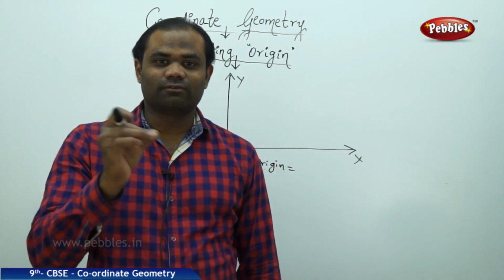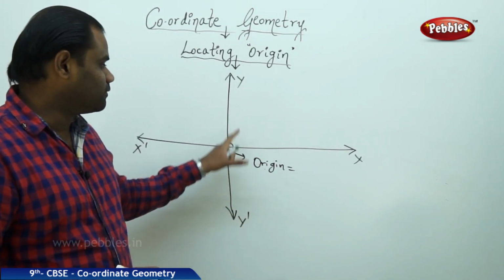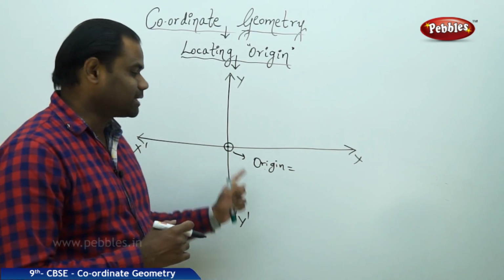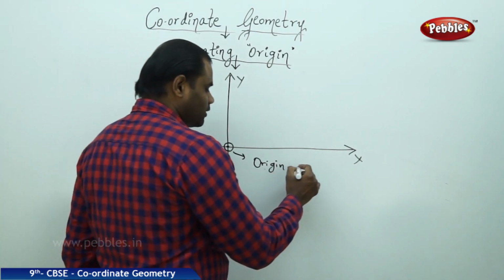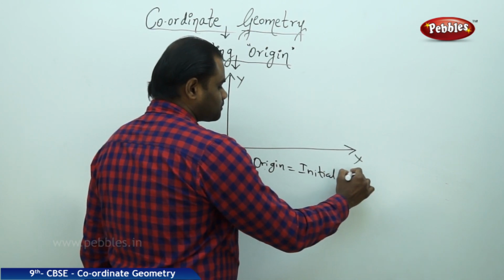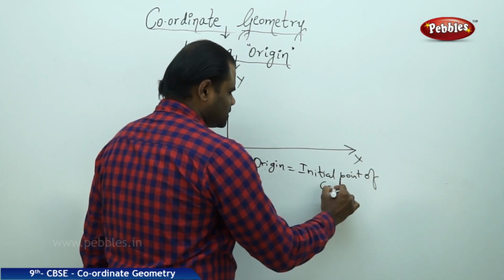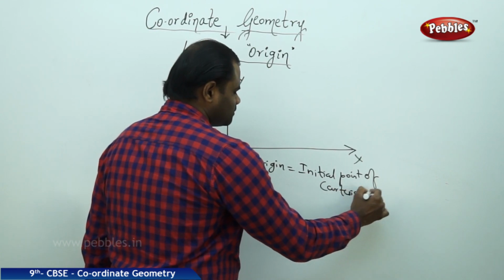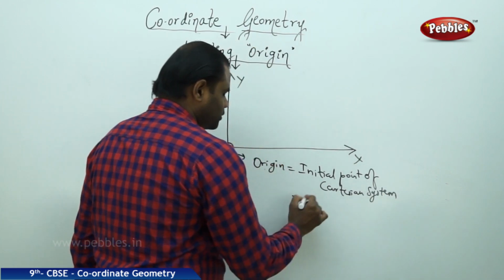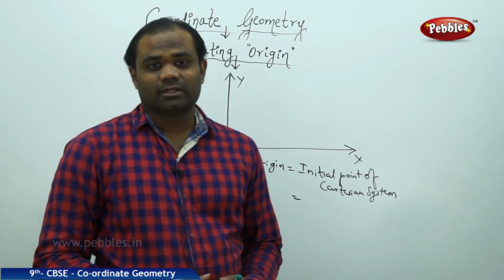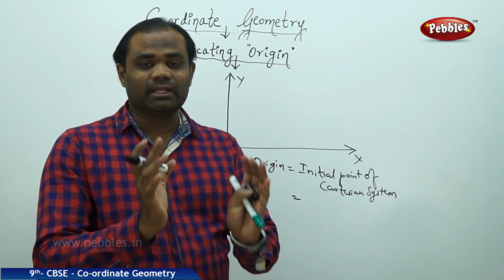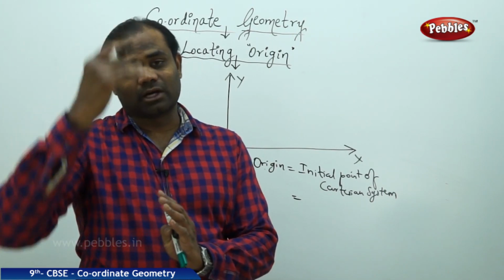The source of defining all the points is the origin, and therefore we refer to this as the initial point of the Cartesian system. Because it is the initial point, it is understood to have been without moving any units right or left or up and down.